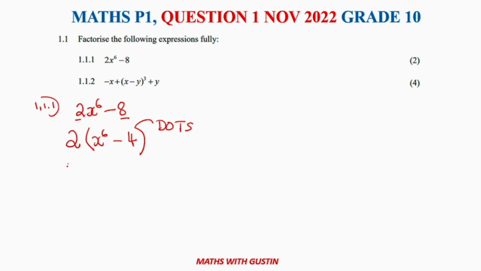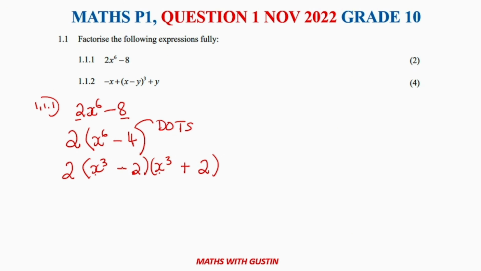All right, so 2 will stay outside as a common factor. Difference between 2 squares, we take out the bracket. Square root of 4 is 2, so it's going to be 2 this side, the one will be plus, the other one will be minus. And then x to the power of 3, and also x to the power of 3, so that when you multiply x to the power of 3 times x to the power of 3, the bases are the same.